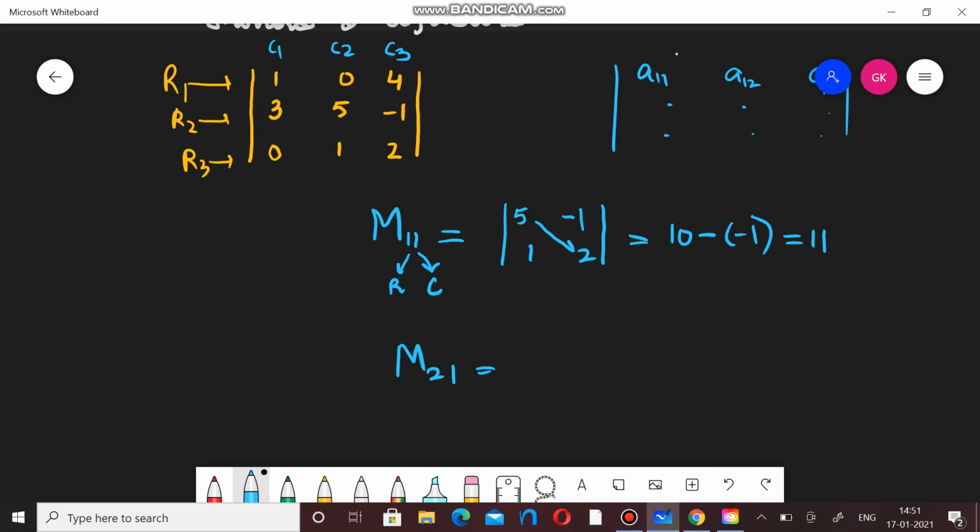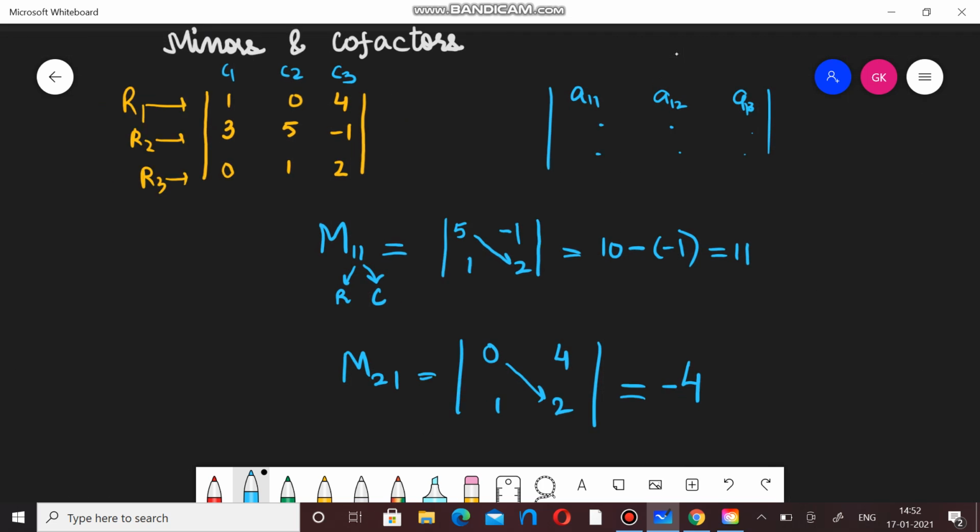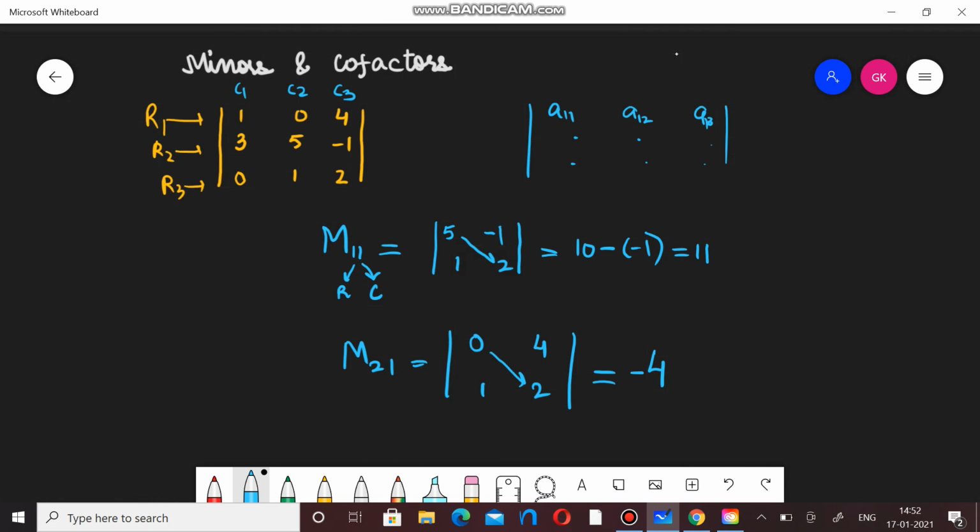So hide the second row and the first column. You're left with 0, 4, 1, minus 2. Do cross multiplication. So 0 into 2, that is 0, and you are getting it as minus 4. So that is M21. So similarly you can calculate minors for all the elements.